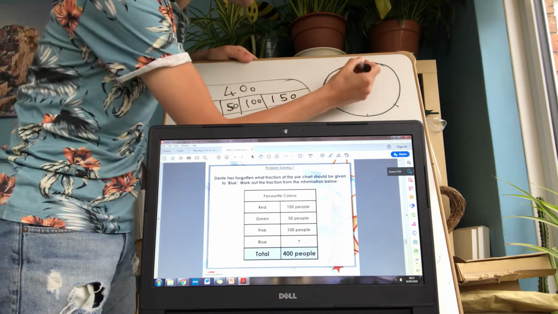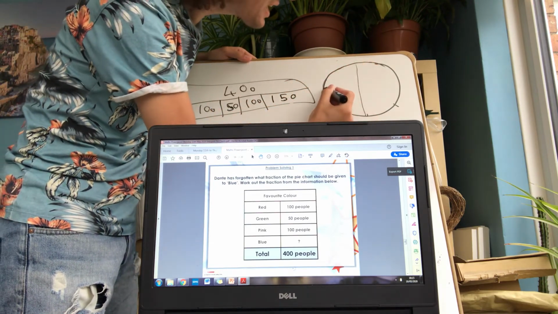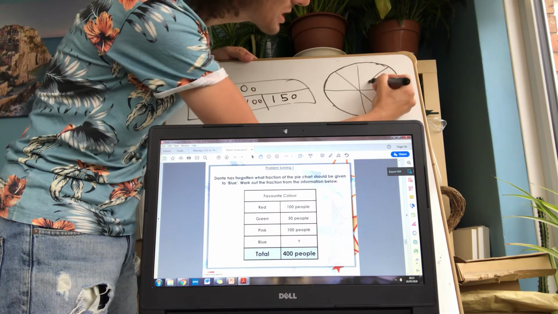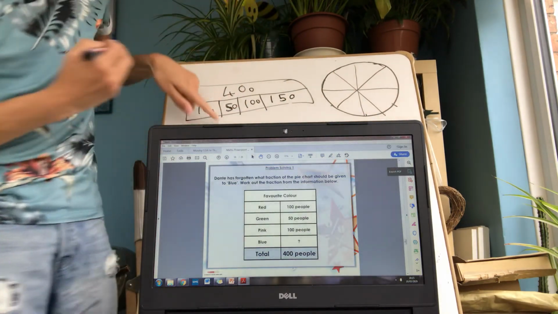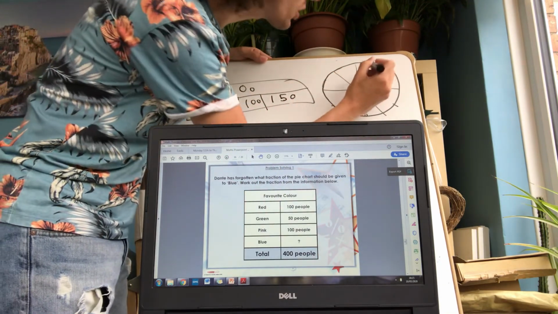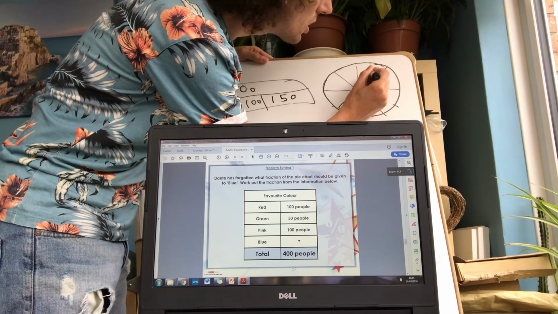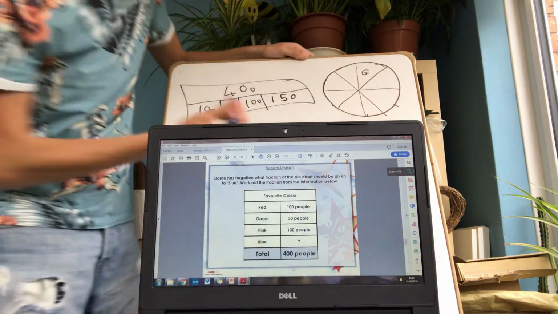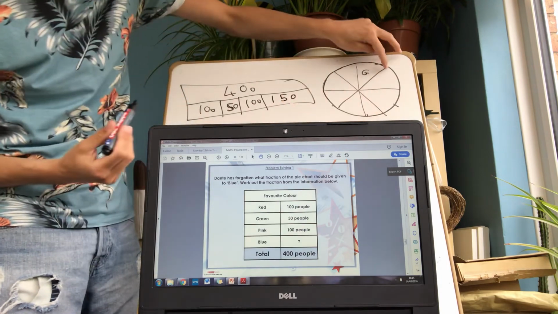So what we could do is split this into 8s to think about what it would look like. This helps you. Some of you will have got there already. Okay, so we know that green is just one of them. So let's call this one green. We know that Blue had 150. So green, that's 50. Remember, each of these values is 50.